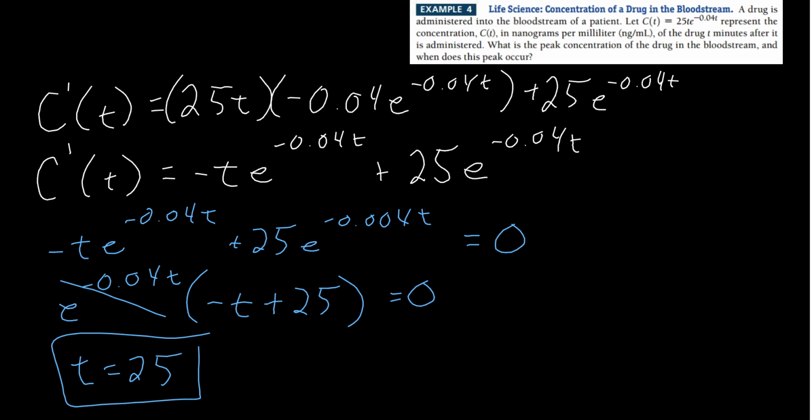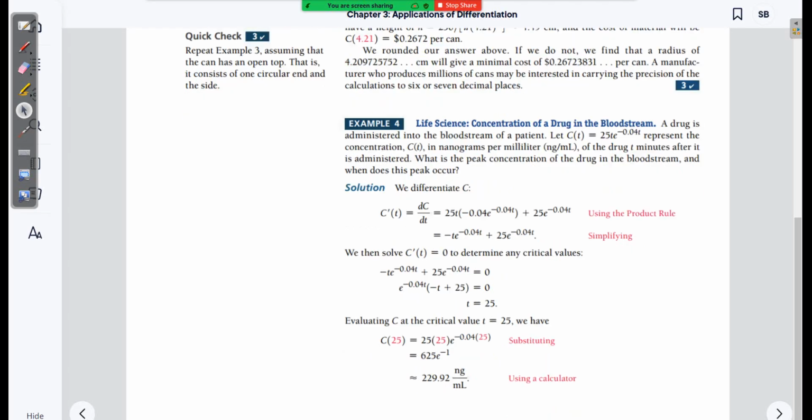Since we only have one critical point, and this problem wants the peak, or the maximum concentration, it occurs at 25 minutes. I am just going to snip the second derivative stuff because we're running short on time.